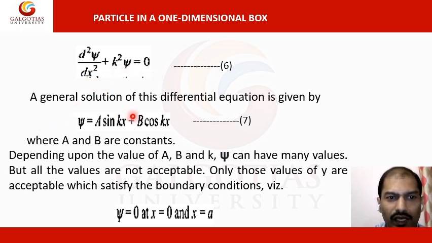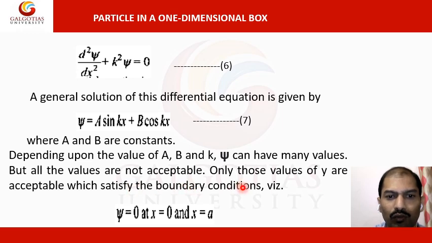A general solution for this differential equation is given in this form: psi equal to a sin kx plus b cos kx. Here you also know a and b are constants. Depending upon the values of a and b and k, psi can have many values, but not all values are acceptable.